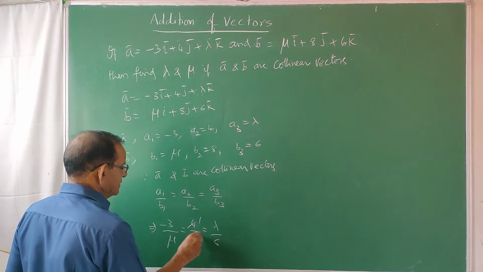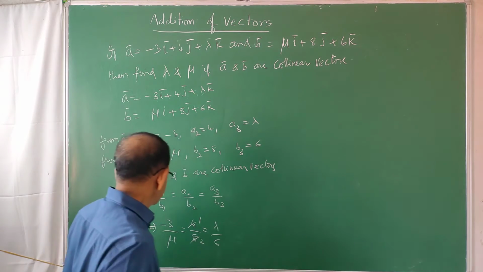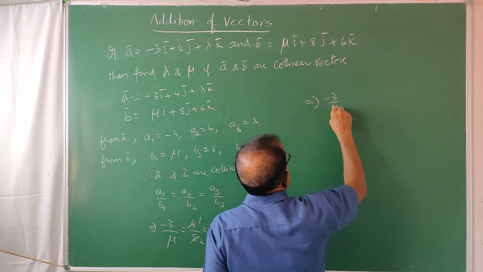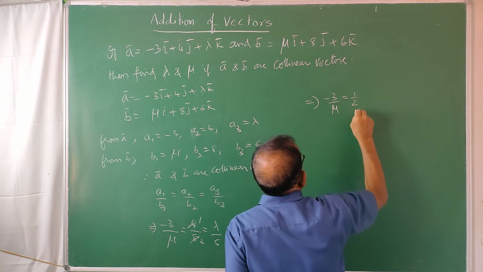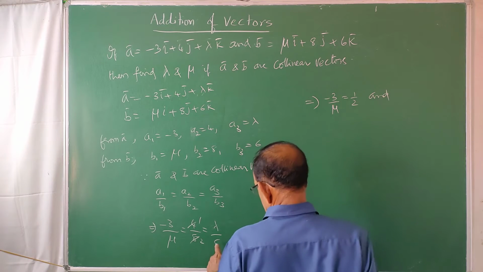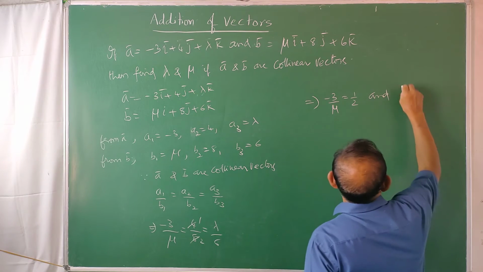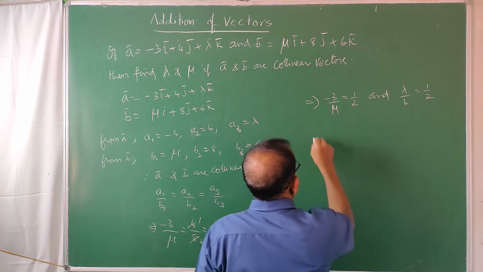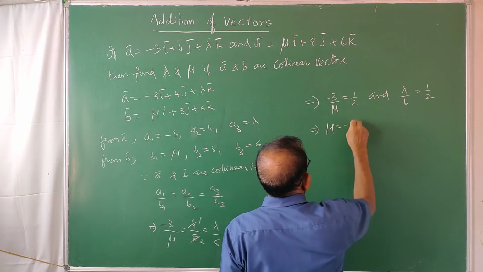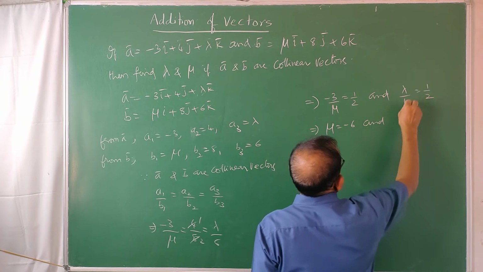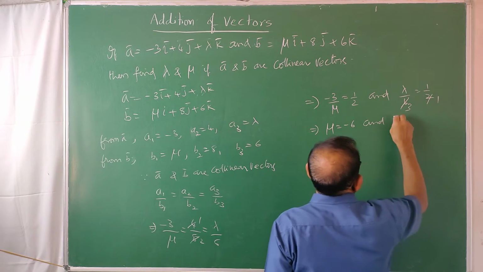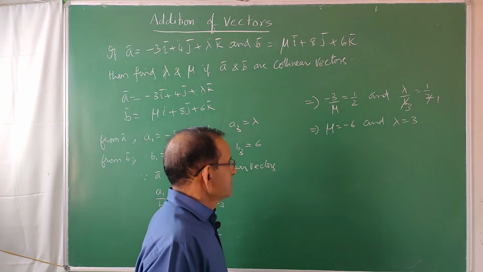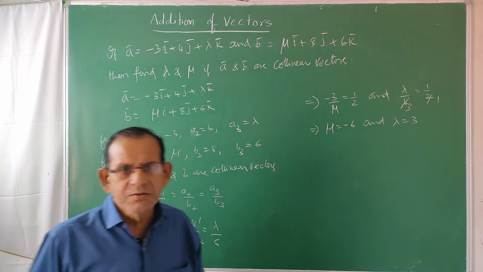So minus 3 by mu is equal to 1 by 2, and lambda by 6 is also equal to 1 by 2. Then mu is equal to minus 6 and lambda is equal to 3. So lambda is 3 and mu is equal to minus 6.